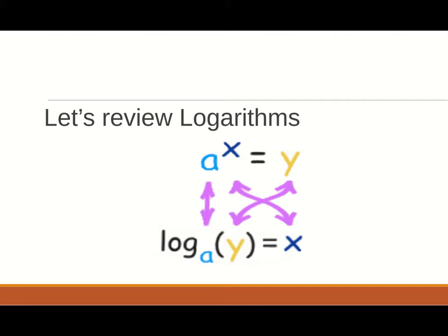So we start with our exponent because logarithms are another way of expressing exponents. So a being our base, a to the power of x, x being our exponent, equals y, our argument or our answer. So to change that into a log, we do log base a of y equals x, the a's are still our bases.